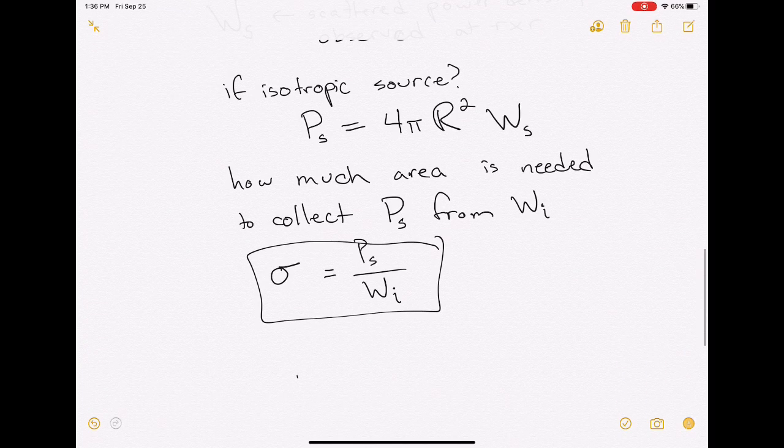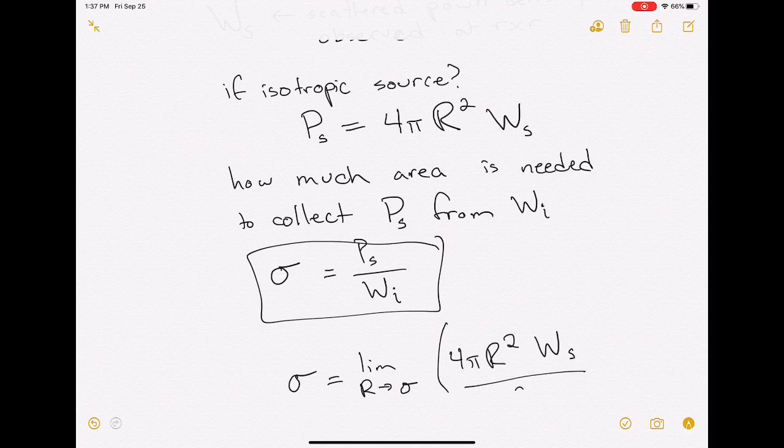So really, sigma is the limit as r goes to infinity of 4 pi r squared Ws over Wi. Wi here doesn't change as r goes to infinity, but 4 pi r squared Ws is basically canceling out the position dependence of the scattered power.